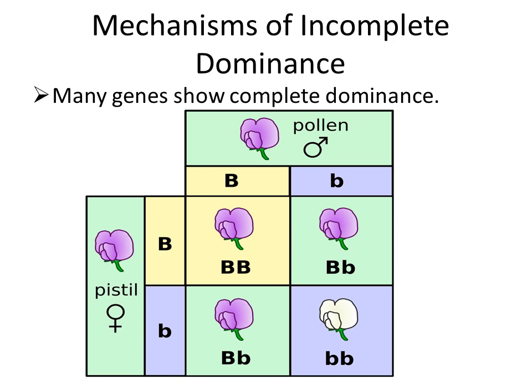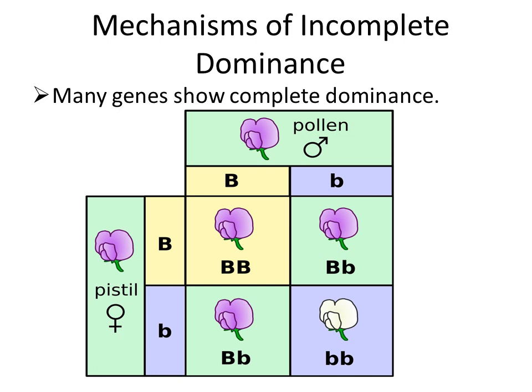The result, you have here big B, big B, big B, small b, big B, small b, small b, small b. You will notice that all the offsprings with capital B, they were all purple. There was only a white phenotype when there's a combination of both small letters or small letter alleles.